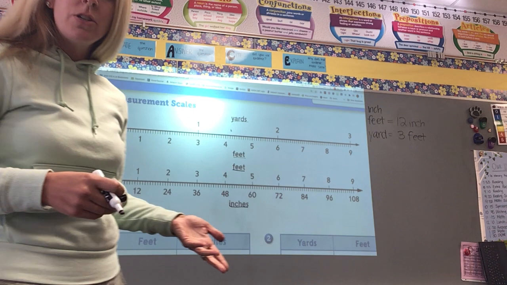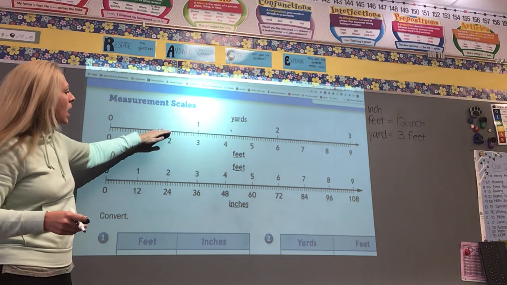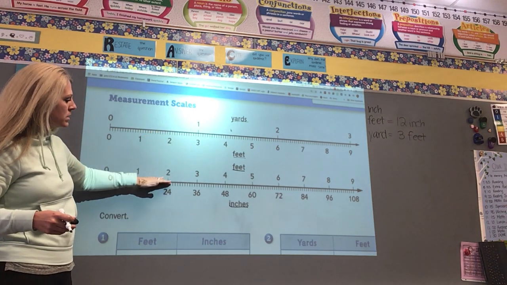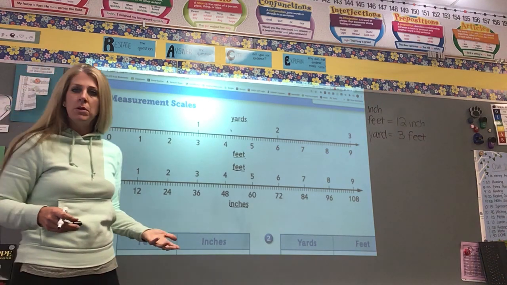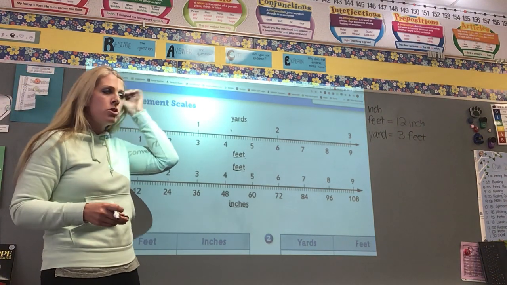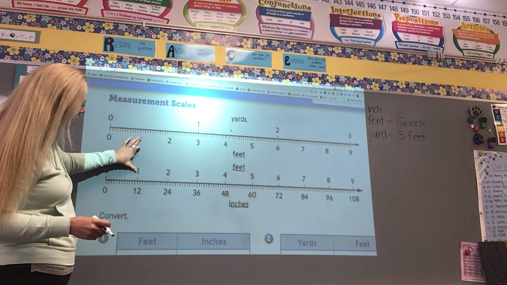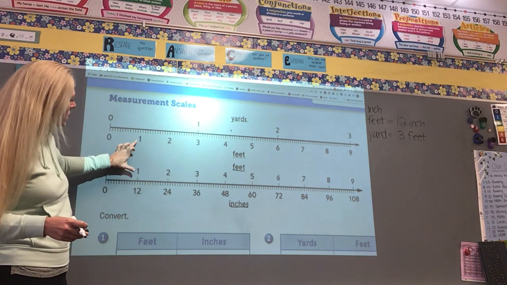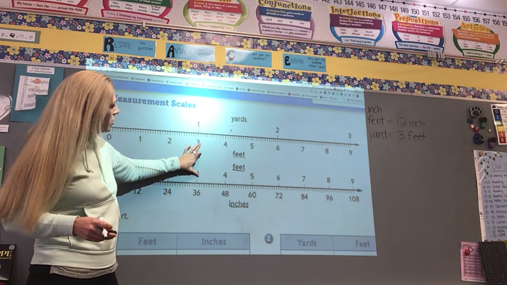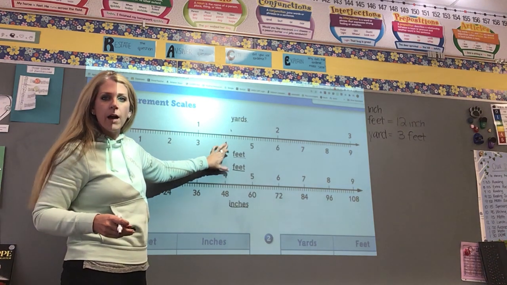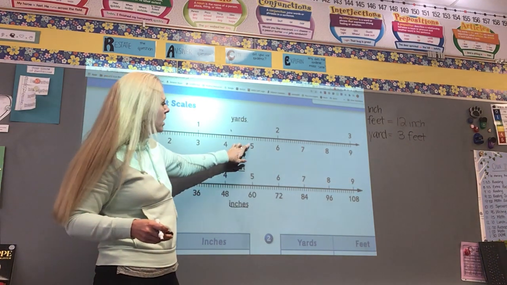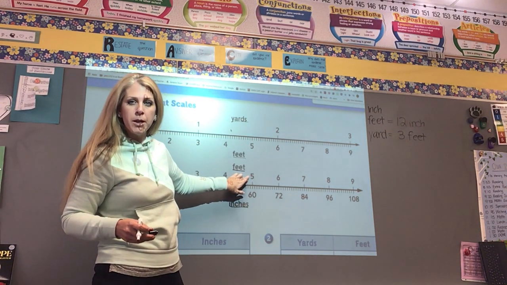But what I want you to notice about these two number lines or measurement scales is that there are some similarities. Do you notice that these measurements in feet, 1, 2, 3, 4, they all line up, the 4 on top and the 4 on bottom, the 5 on top and the 5 on the bottom.